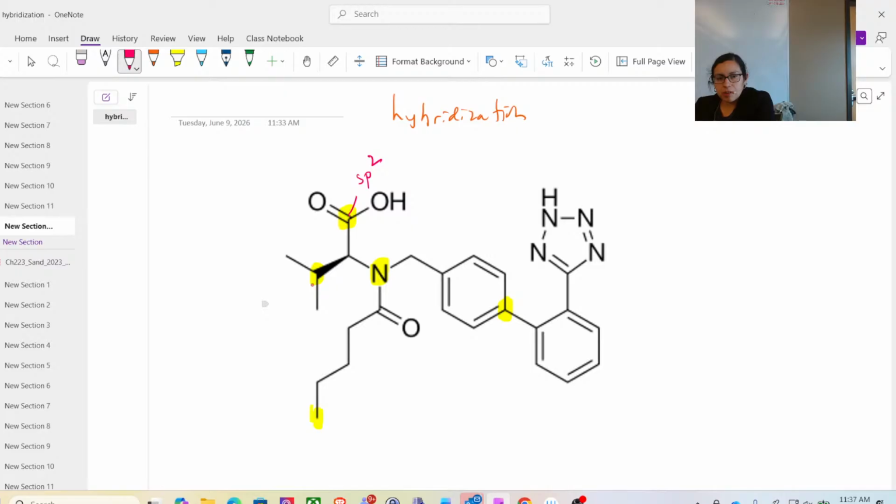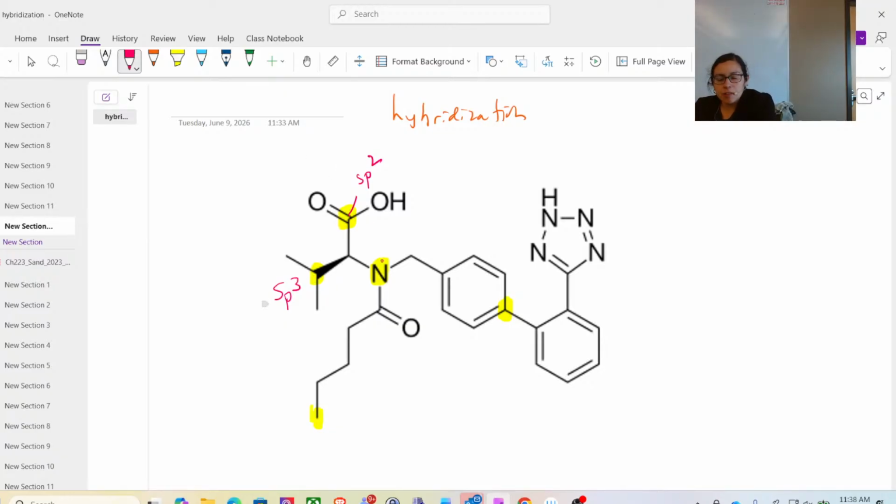What about this one here? SP3, good, right? That one did not have a hydrogen drawn on there, so it's a little deceptive.